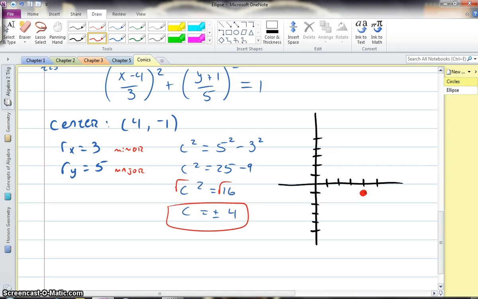Your x radius is 3. So I'm going to go to the right 3: 1, 2, 3. To the left 3: 1, 2, 3. Then my y radius is 5. So I'm going to go up 5: 1, 2, 3, 4, 5, and down 5: 1, 2, 3, 4, 5. I missed one. All right, and there's your ellipse.